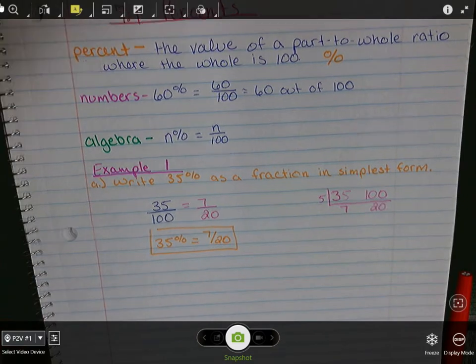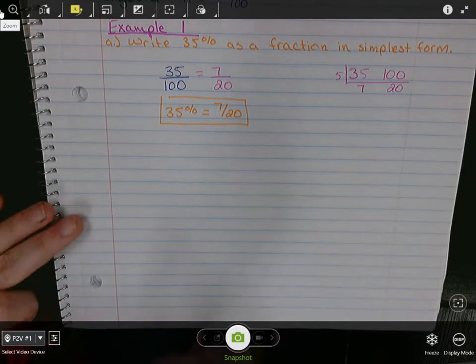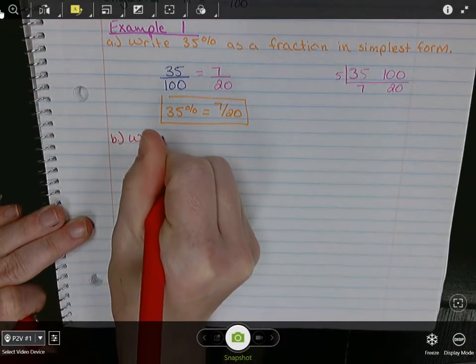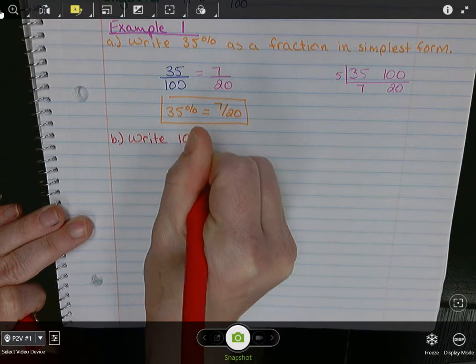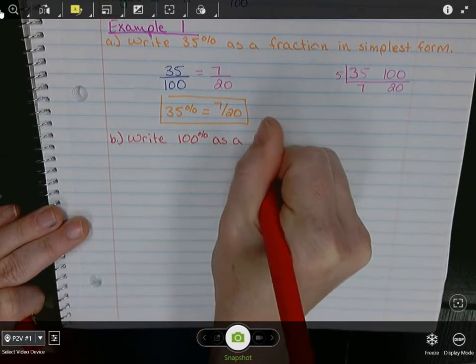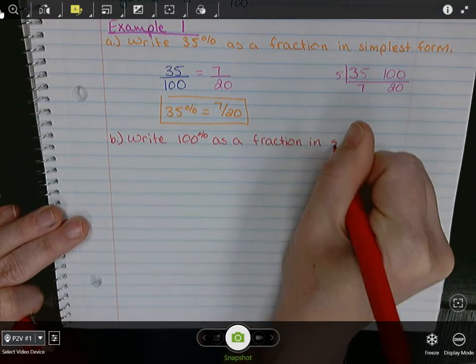All right, let's do another example. Write 100% as a fraction in simplest form.